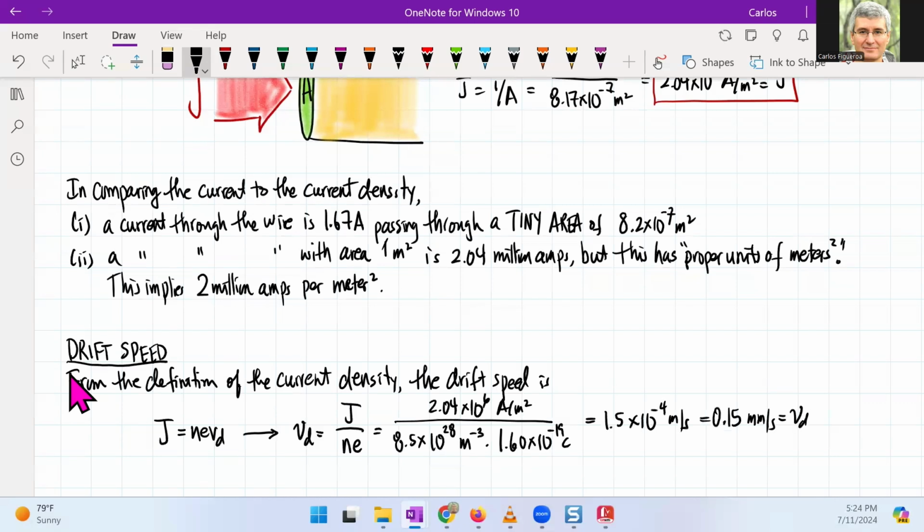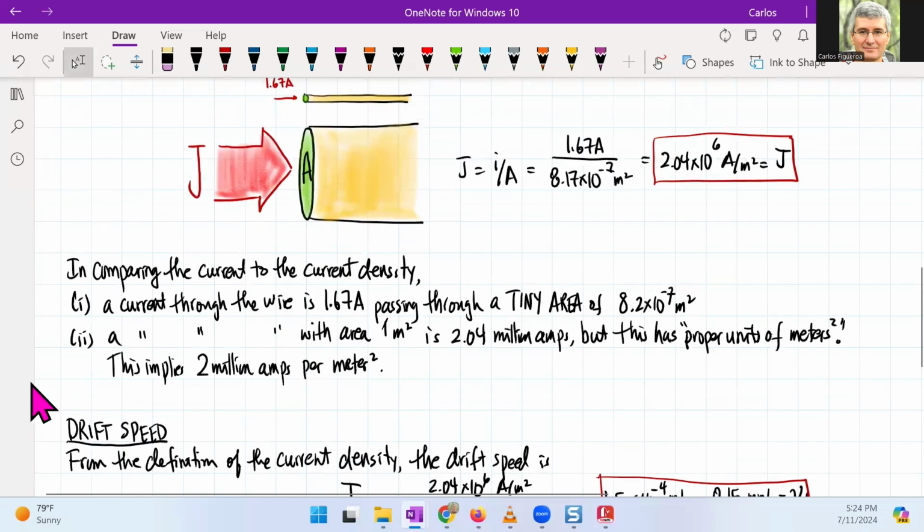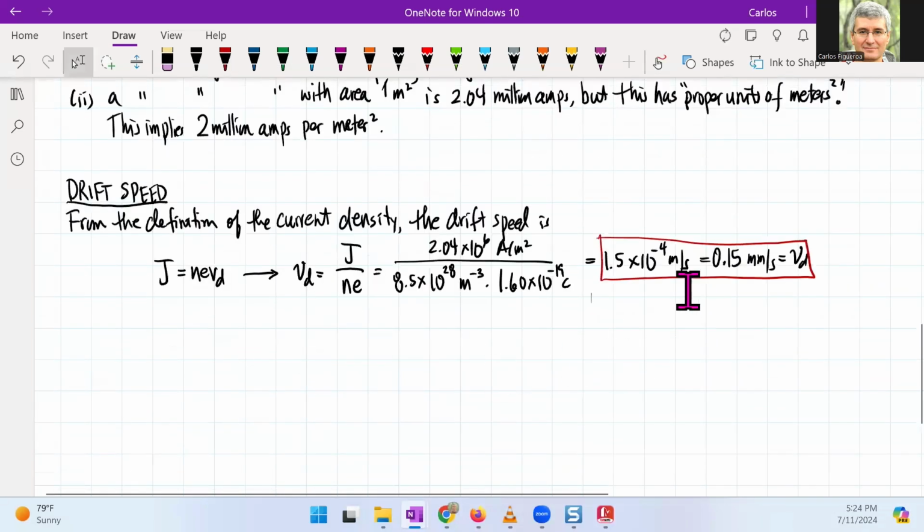And this is the drift velocity. This is probably the main reason for doing this example. Look at that drift velocity. It's 0.15 millimeters per second.